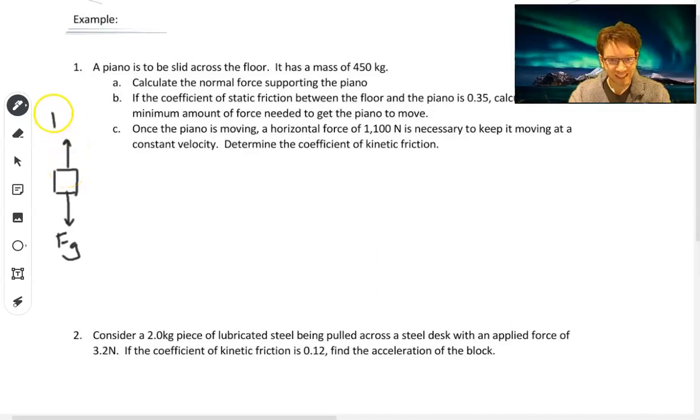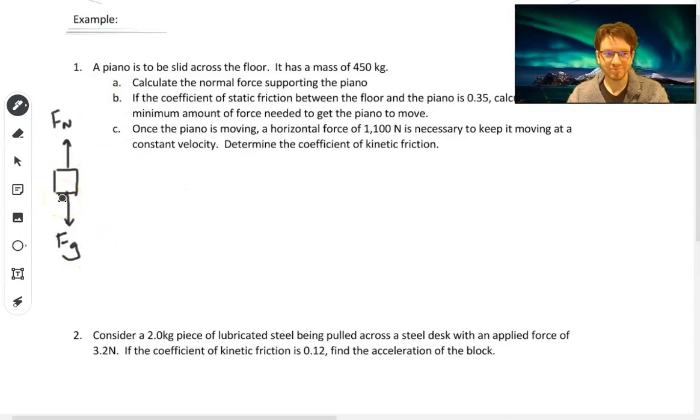Now, since it's just sitting there and it's not moving, that normal force must be equal and opposite to gravity. It's not true in every case. For example, if our friend was pushing down on it, or if the piano was on a ramp, then it wouldn't be true. But just on a flat surface, sitting there on its own, those are the only two forces on it.